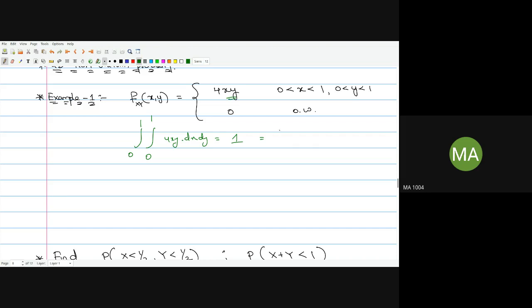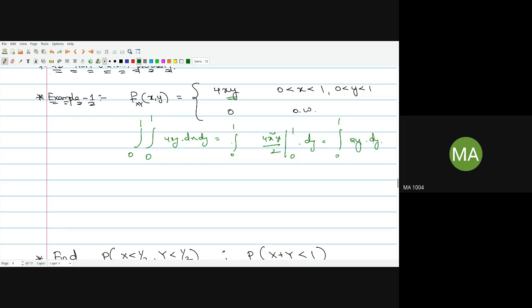So what is the integral? 4x square by 2 y, 4x square y by 2, from 1 to 0, dy. So this will be 0, 1. If I substitute the limits, I will get 4y by 2, which is 2y.